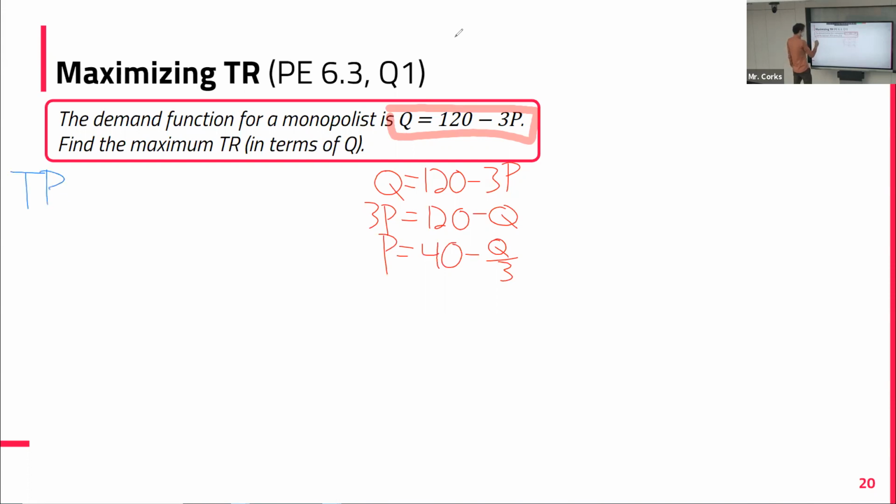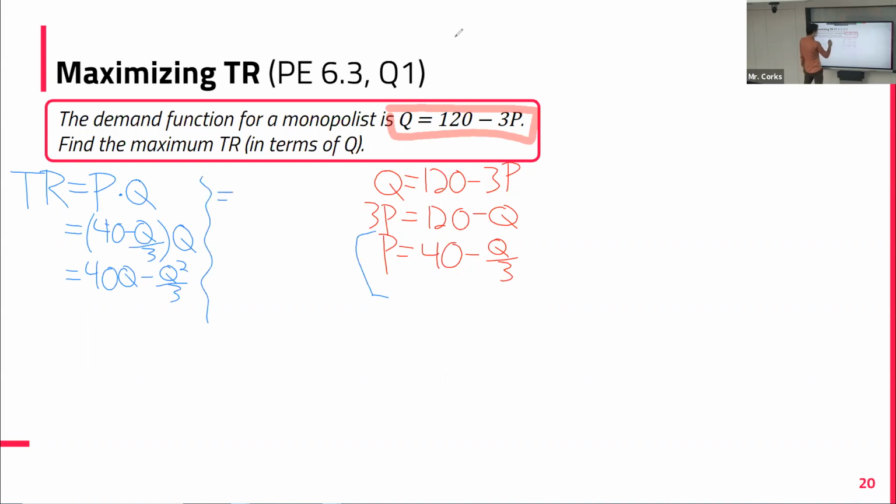So total revenue is P times Q, and we could do it the way we had before using this thing: 40 minus Q over 3, times Q, so 40Q minus Q squared over 3.